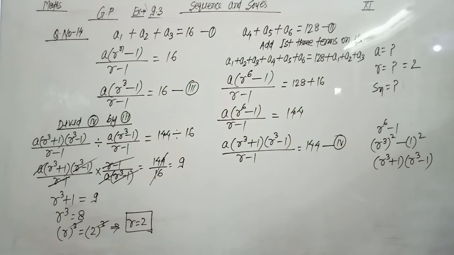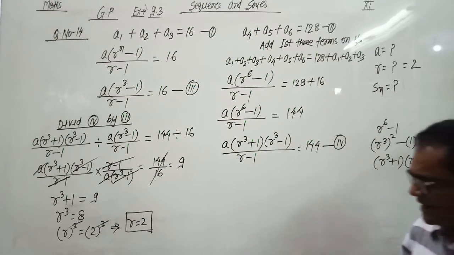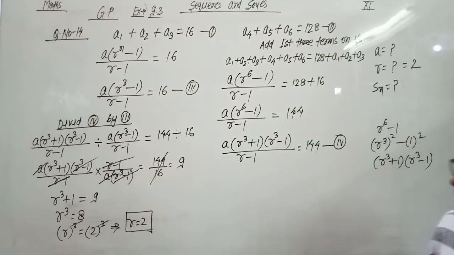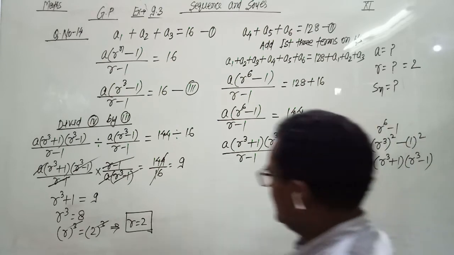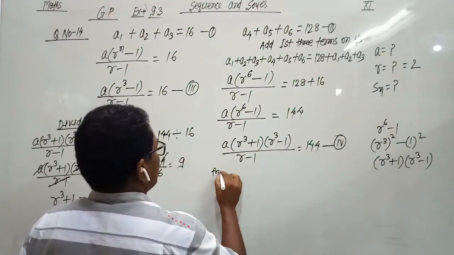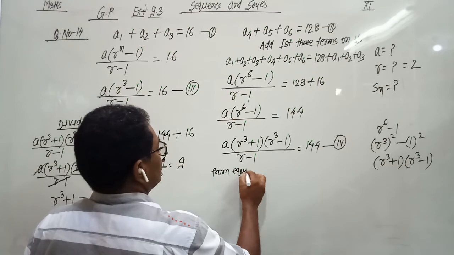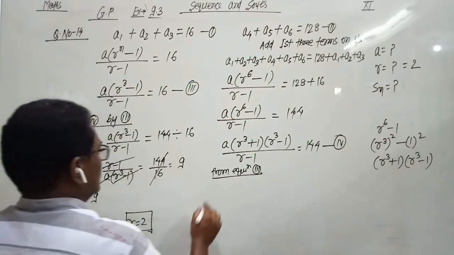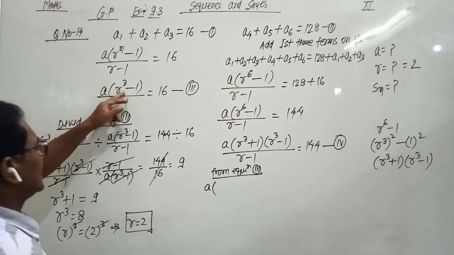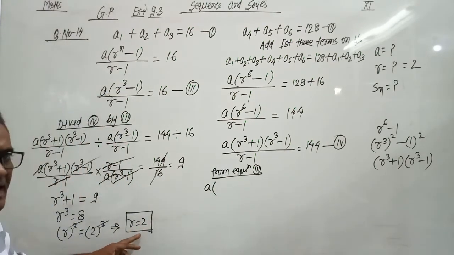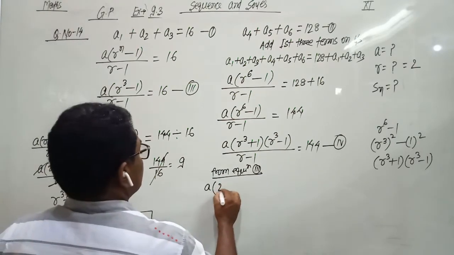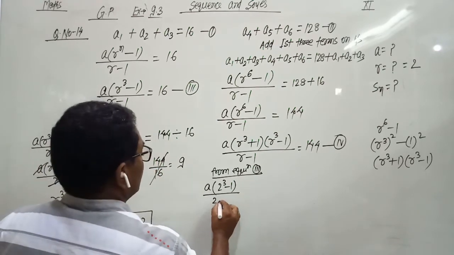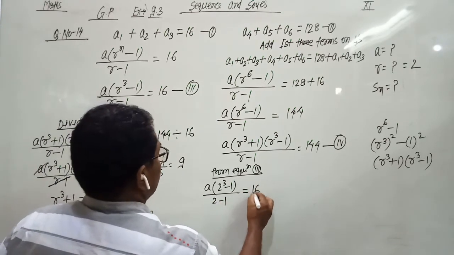Now we have to find the value of A. For finding the value of A, we put the value of R in equation number 3. From equation 3, A into R raised to the power 3, and the value of R is 2, so 2 raised to the power 3 minus 1 upon R minus 1, 2 minus 1, equals 16.